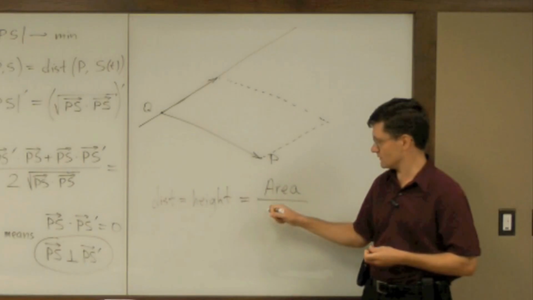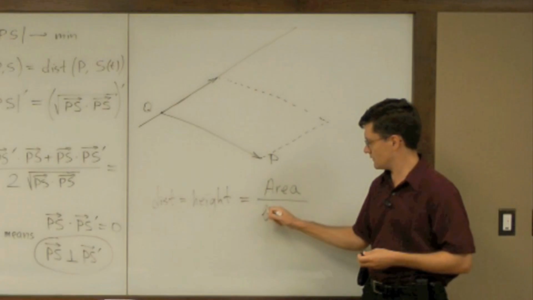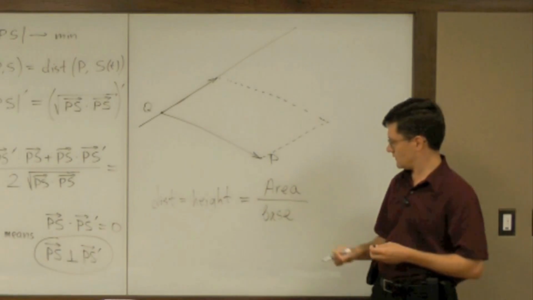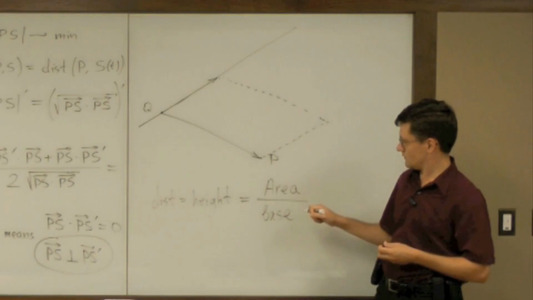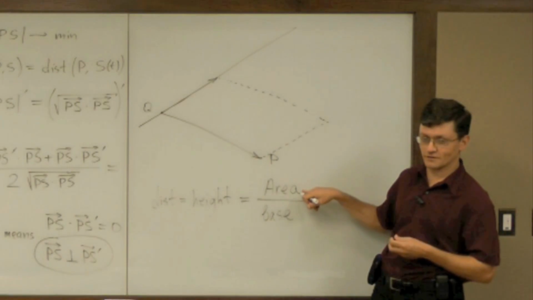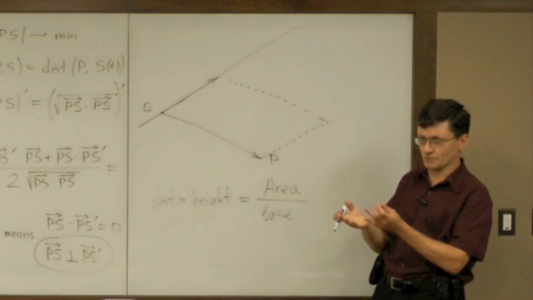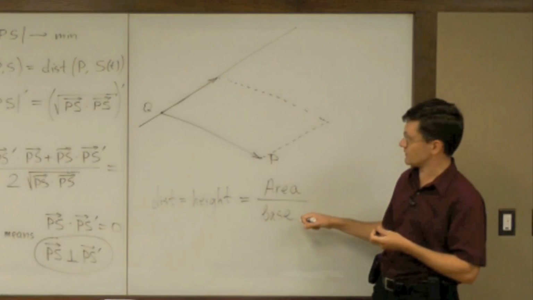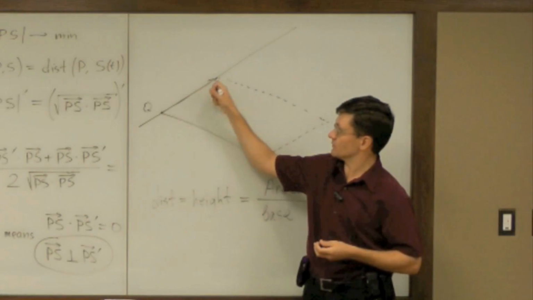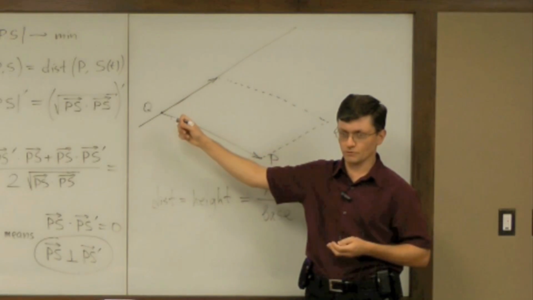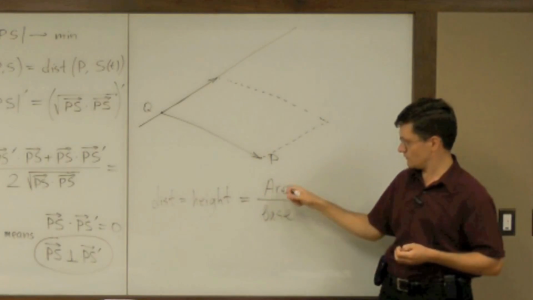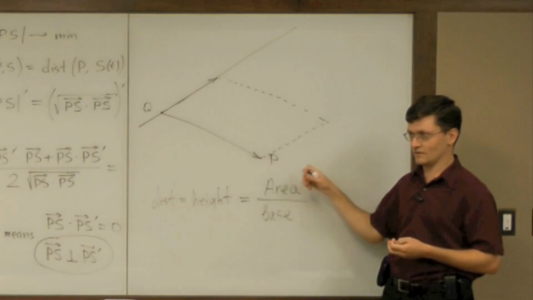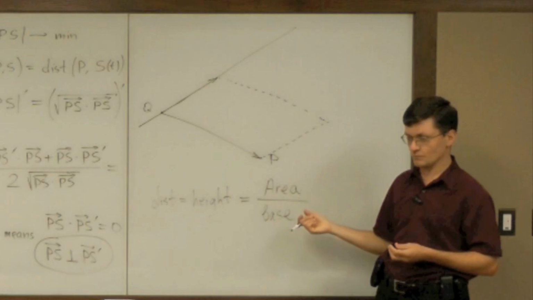Area is base times height. Do we know how to compute the area? Well, we have the formula, right? Do we know how to compute the base? Well, the base is the length of a vector. You know how to compute that. So both numerator and denominator are effectively computable. So we can compute the whole thing.